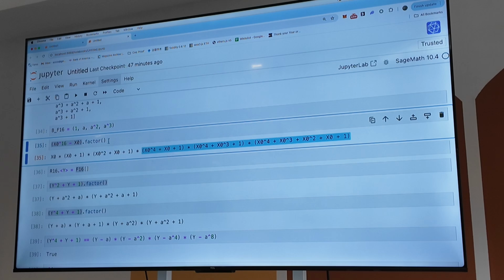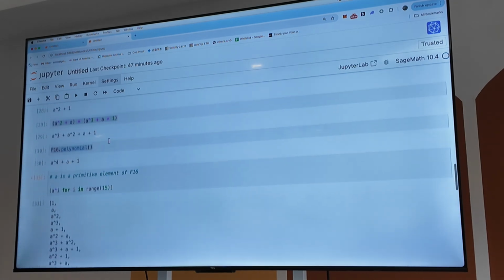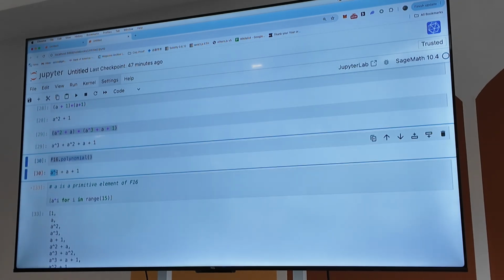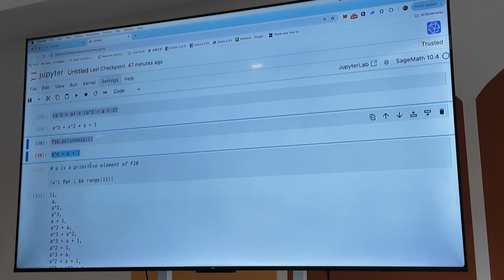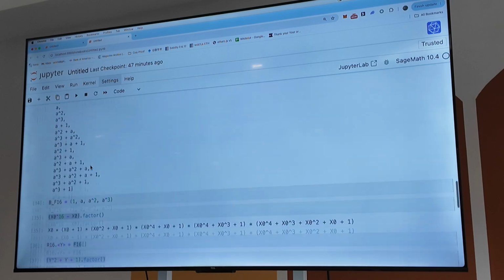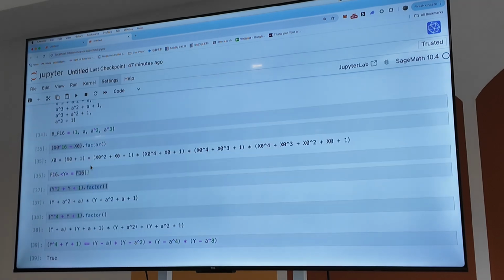And we defined F16 using only one irreducible polynomial among the three. How about the 2 others? So now I just define another F16 using a different irreducible polynomial. Let's see what will happen.